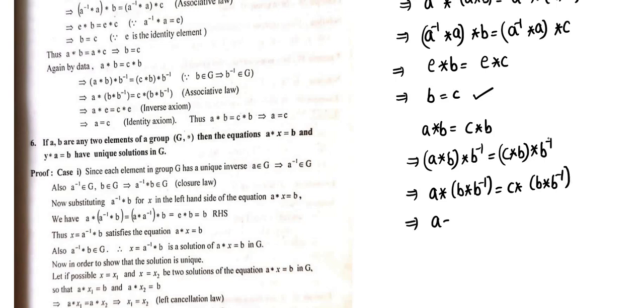Now by using the inverse law, b * b^-1 equal to e, so a * e equal to c * e. a * e equals a, c * e equals c. So, by considering a * b equal to c * b, we get a equal to c. So the right cancellation law is also proved.